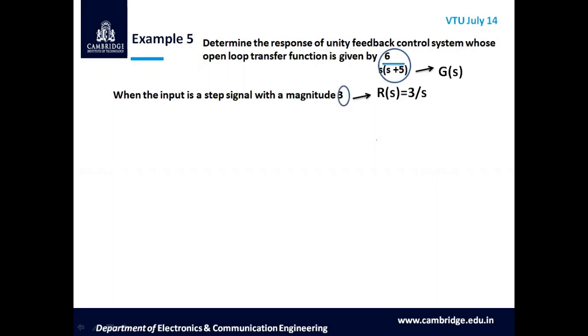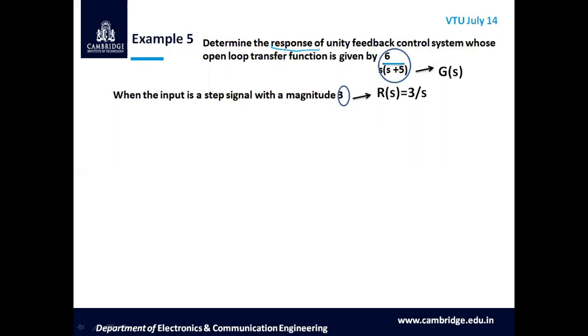So given r of t is equal to 3, that is a step signal. So the Laplace transform of r of t is R of s, and the Laplace transform of 3 is 3 by s. So we have extracted the given data.